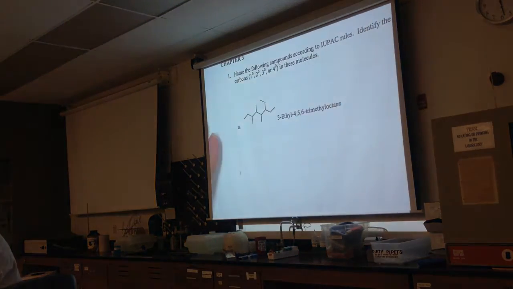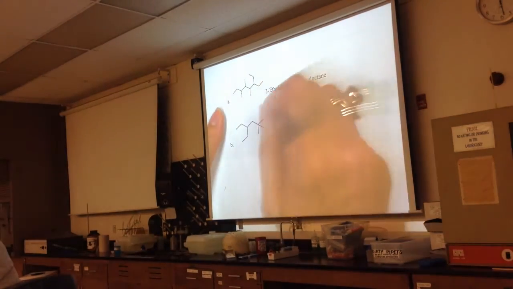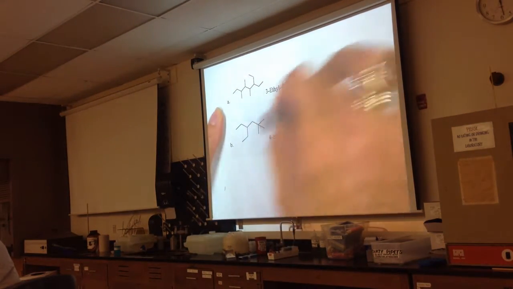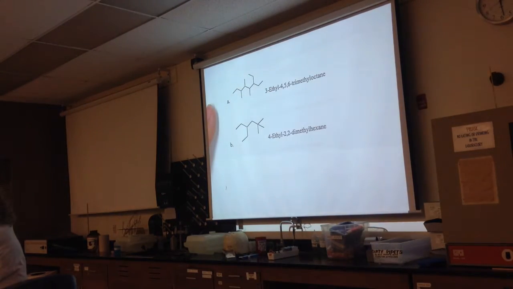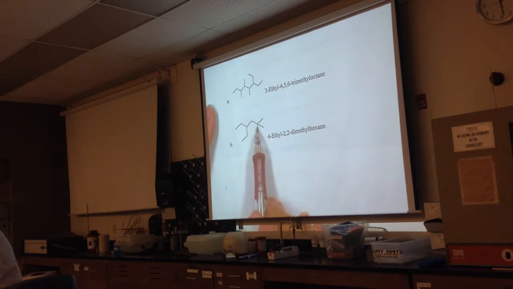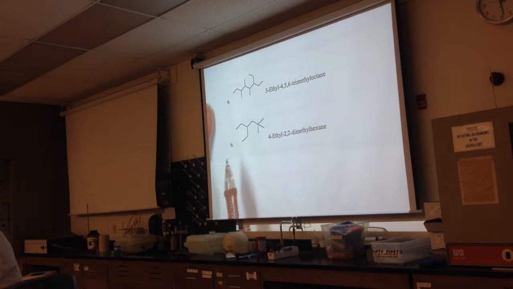Yeah? When I look at this one, how many quaternary carbons do you have? Do you have any quaternary carbons? 1. Is everybody seeing that there's 1 quaternary right there that is bonded to 4? Okay, so this molecule actually has all 4 different types of carbon. It's the only molecule I think here that has all.